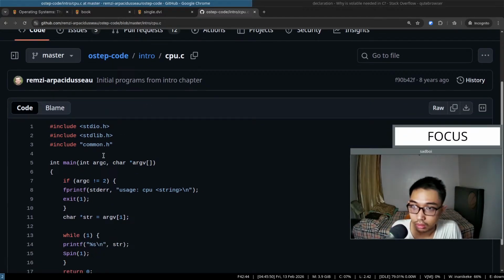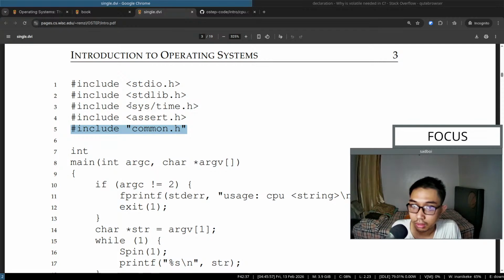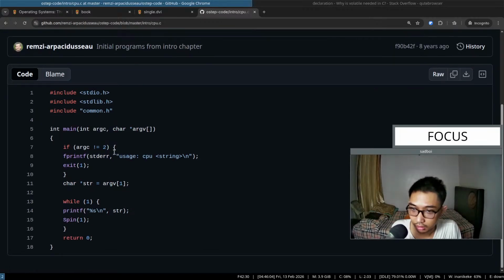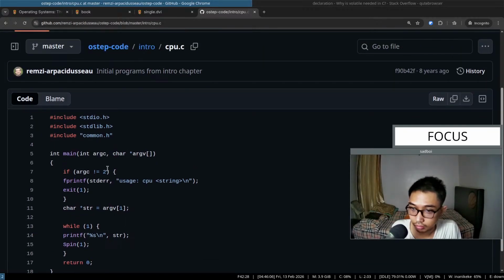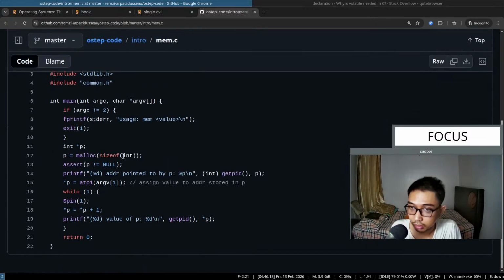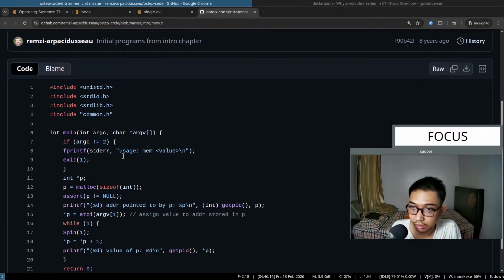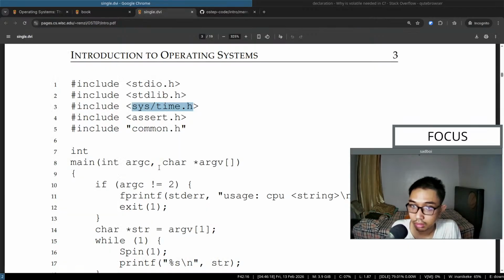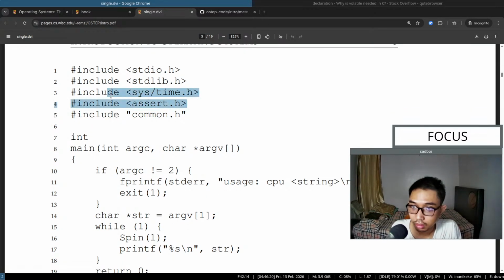And from the code, yeah, there is no system header either. So no answer. Okay. And then this one is the memory one. Yeah, looks like we don't really need this too.